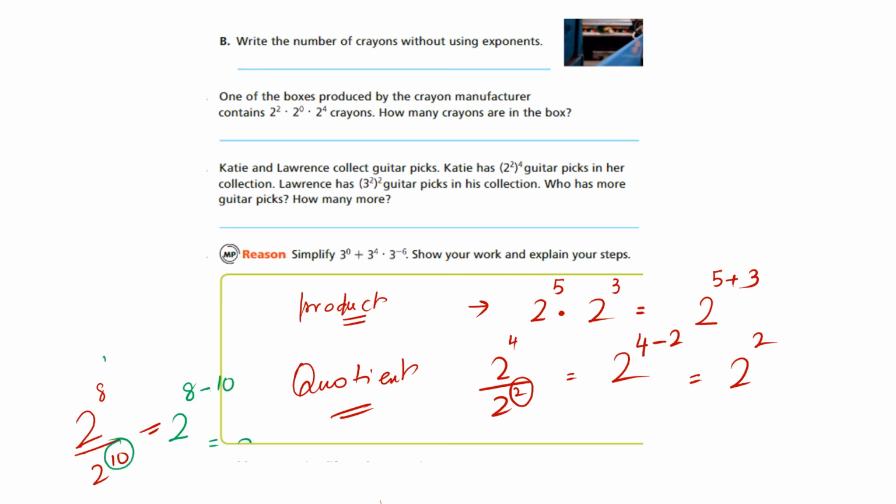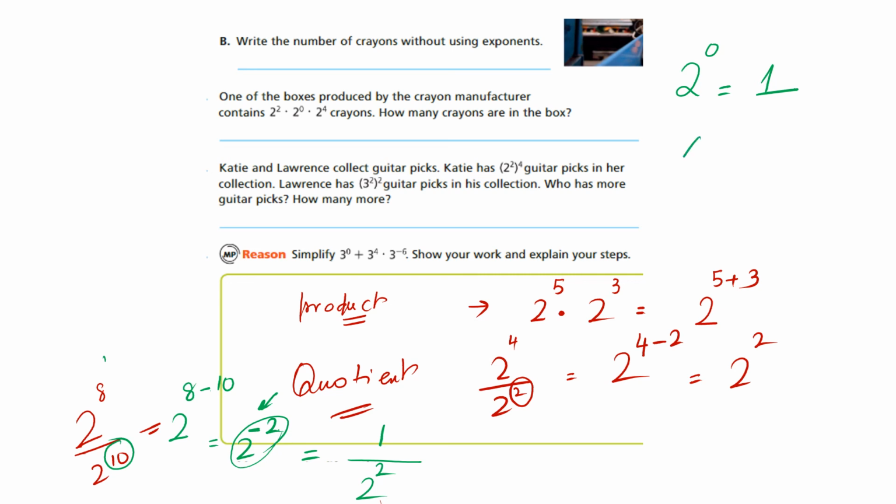Now we know 8 minus 10 gives us minus 2. So here you will use the negative rule. You change the position of these things. So write the base as it is. Change the power sign, so it gives you positive 2. On the top, nothing left. It means 1 left.